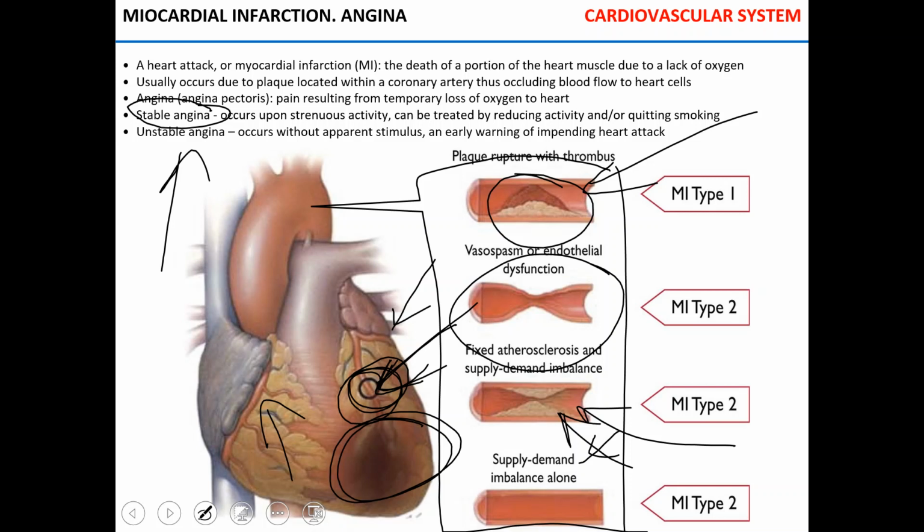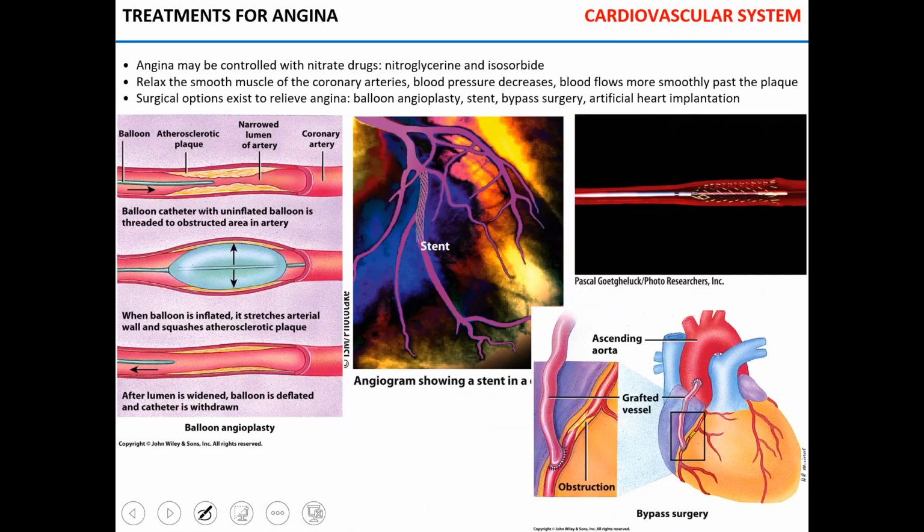It means that your blood vessels, even when you are at rest, do not provide enough blood flow to your cardiac muscle, and that is the predictive sign for a future heart attack.